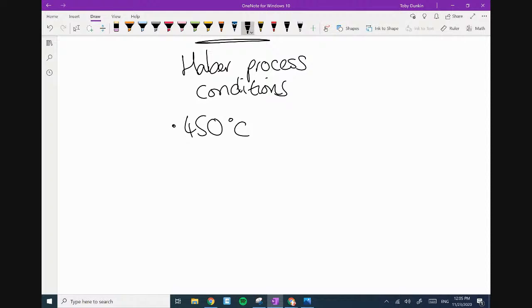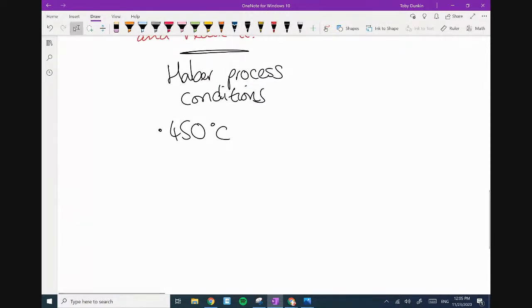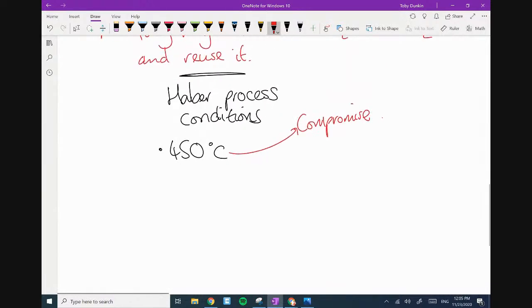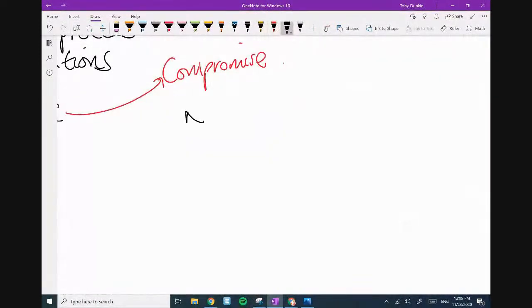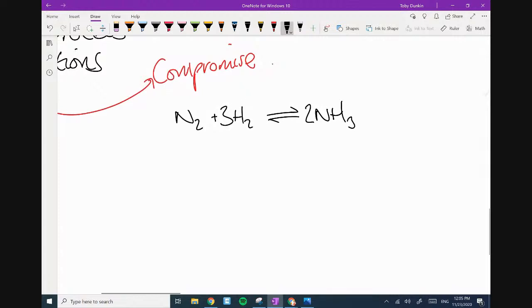Now this temperature is a compromise. Let's explain why. The reason it's a compromise is that if you get given the equation, what we realize is that the forward direction is exothermic.